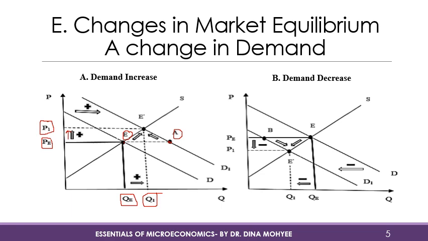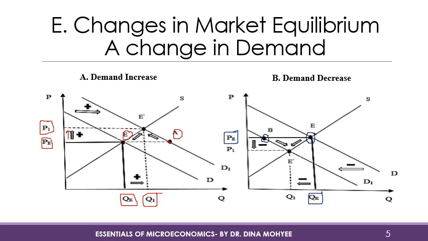Okay, the initial equilibrium point is at point E, the price is PE, and the quantity is QE. When there is a decline in demand, the demand curve will shift to the left from D to D1. At the initial equilibrium price, or the old equilibrium price, we can see that there is a disequilibrium in the market.